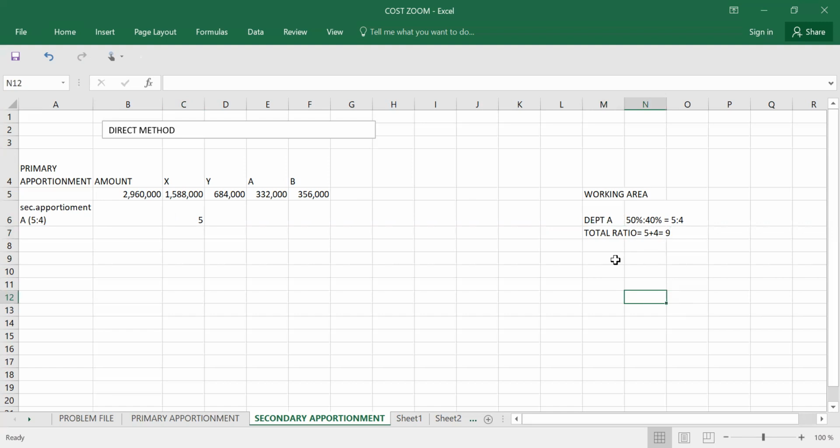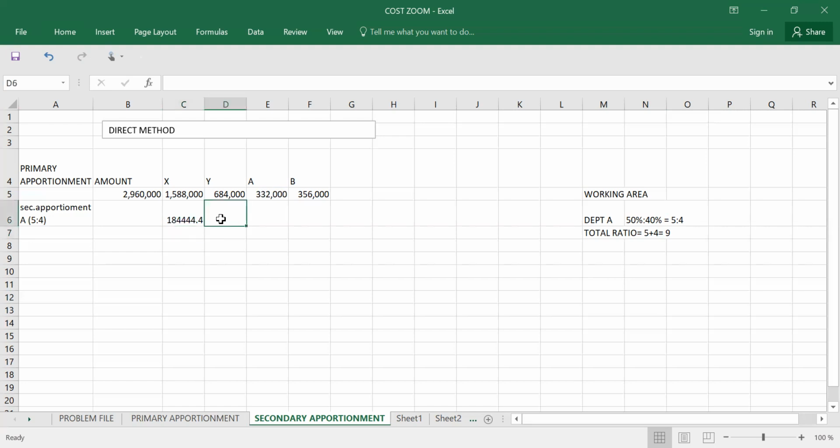So X is going to get 5 divided by the total ratio, which is 9, then multiplied with this cost, because it is what we are distributing.